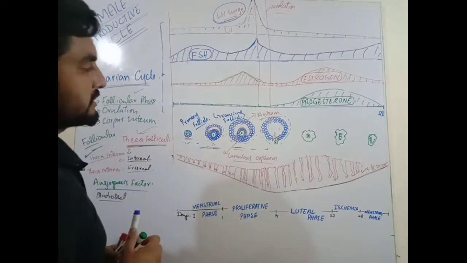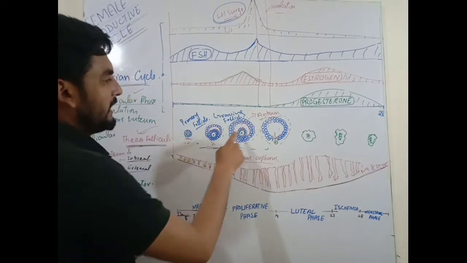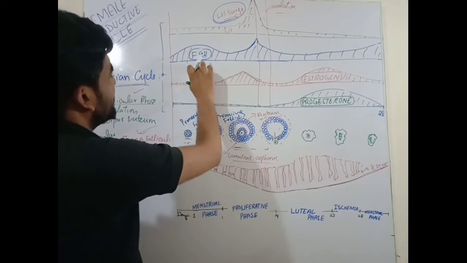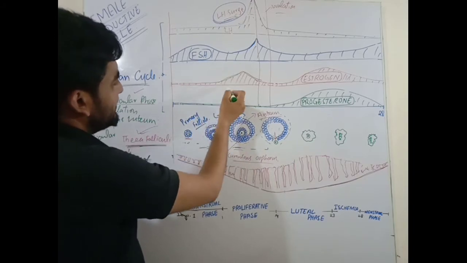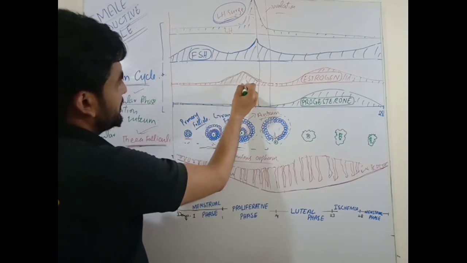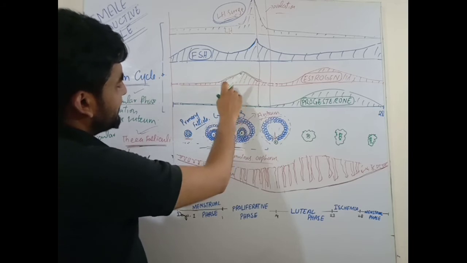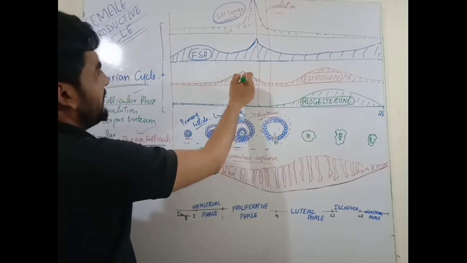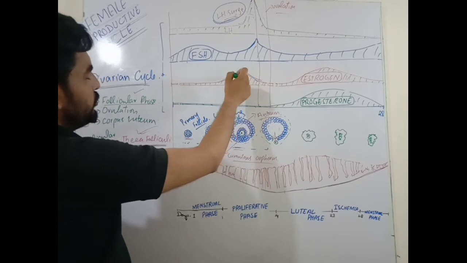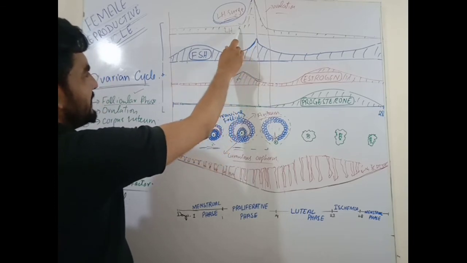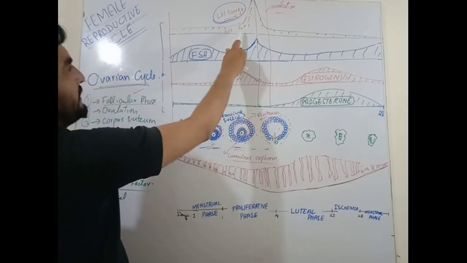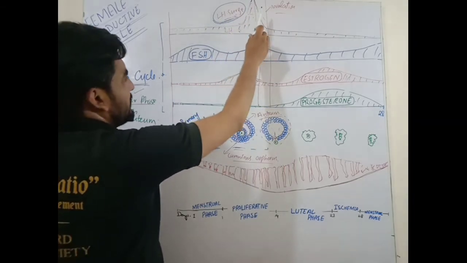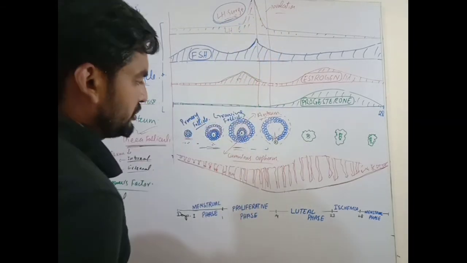So the endometrium begins to develop, and FSH causes an increase in the secretion of estrogen. When there is a slight increase in the secretion of estrogen, this is a stimulus for increased secretion of LH, and the LH surge is the reason for ovulation.